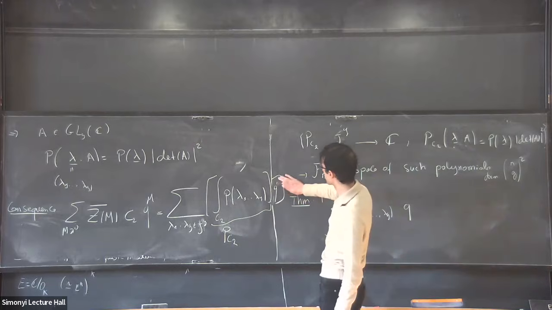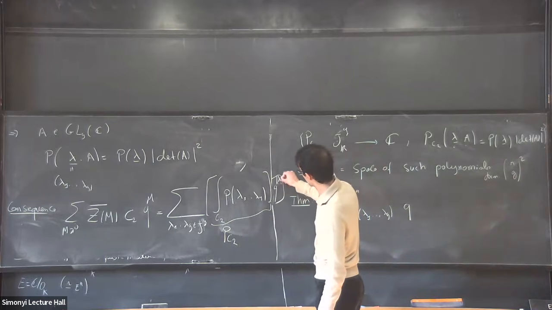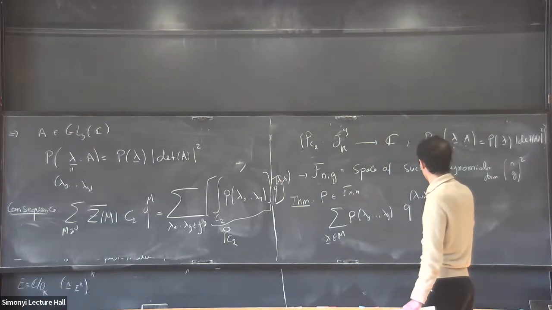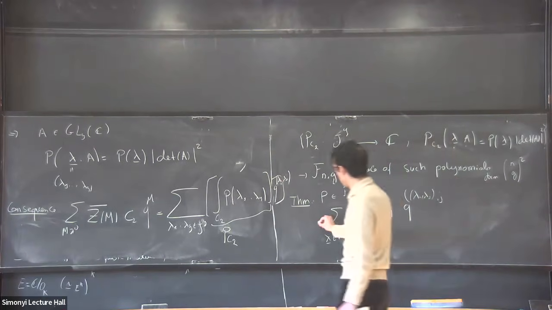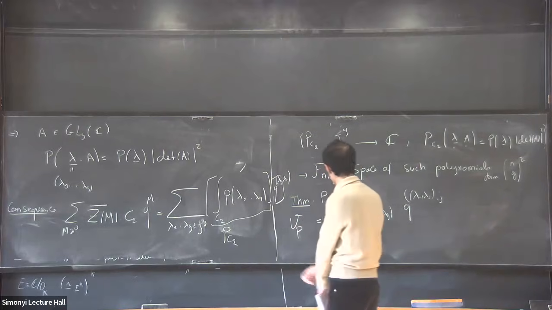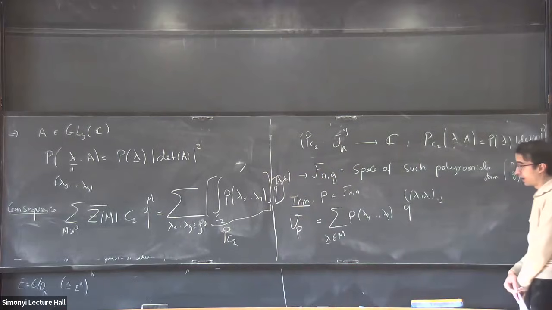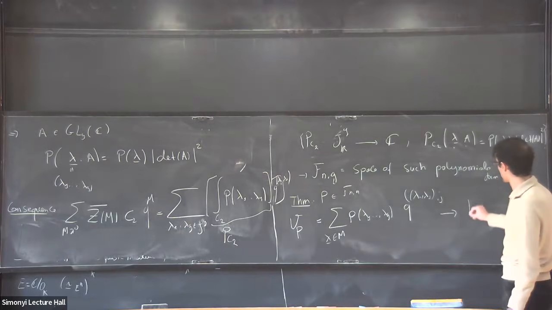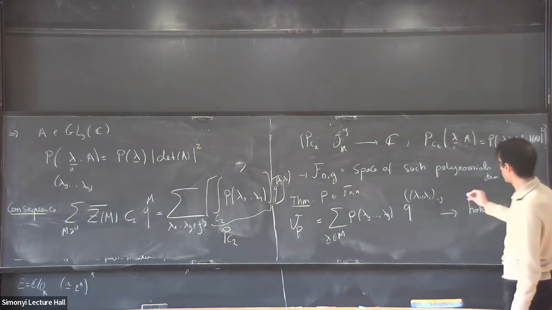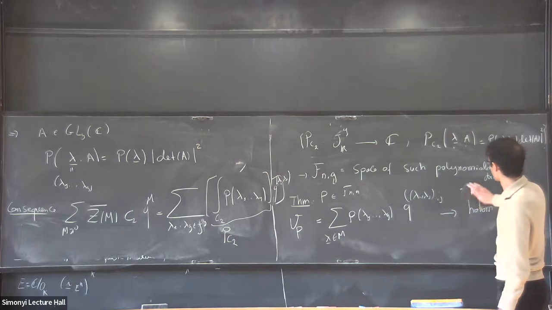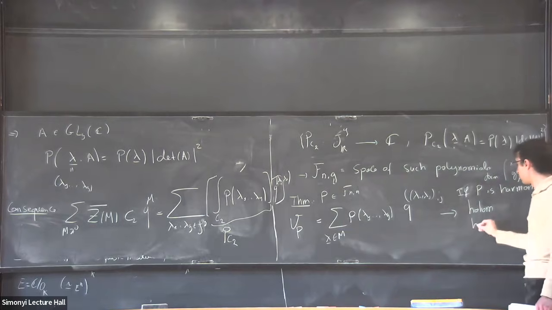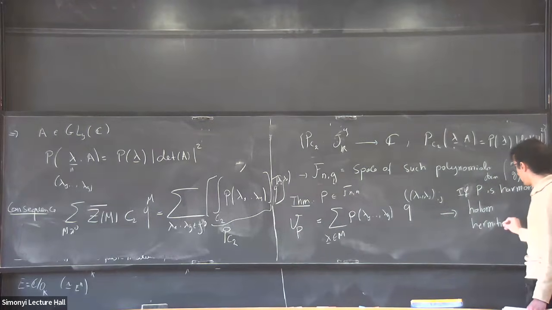I should have said here, it's the intersection matrix of these lambdas. Now, the classical theory of theta series tells you if P is harmonic, then this is just a holomorphic form on the nose. If P is harmonic, then this is a holomorphic Hermitian modular form.